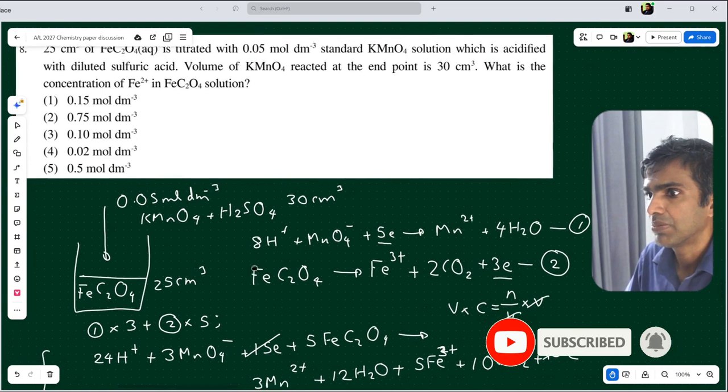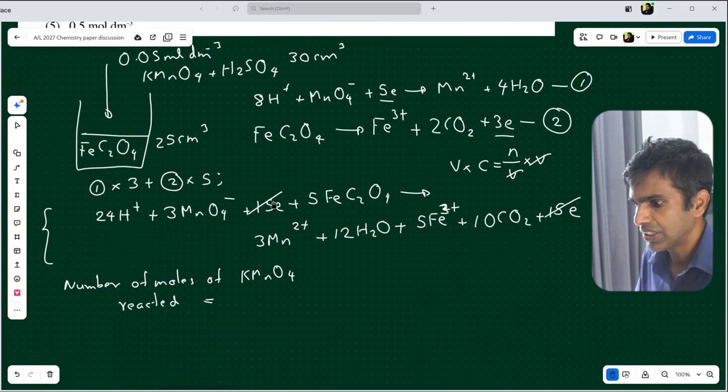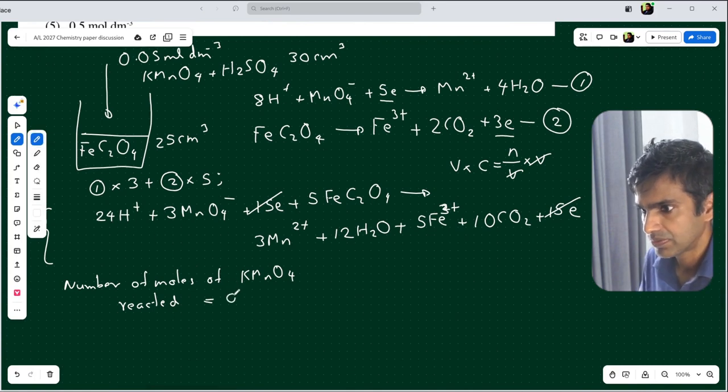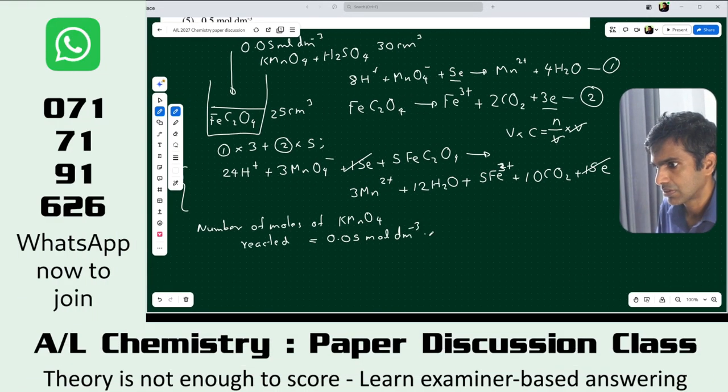Concentration of the potassium permanganate solution is 0.05 moles per cubic decimeter. Then volume is 30 cubic centimeters. That means 0.03 cubic decimeters.